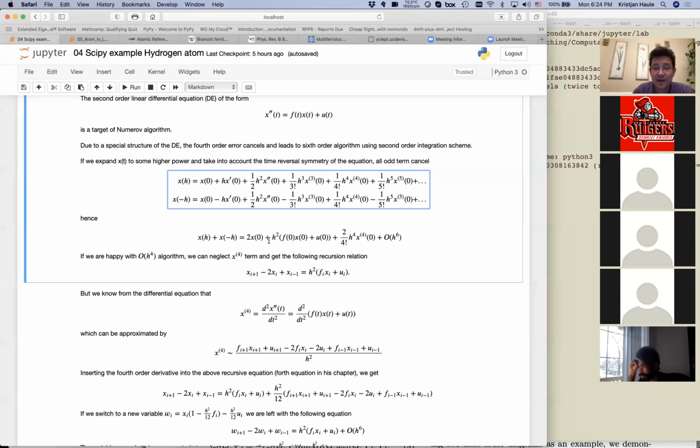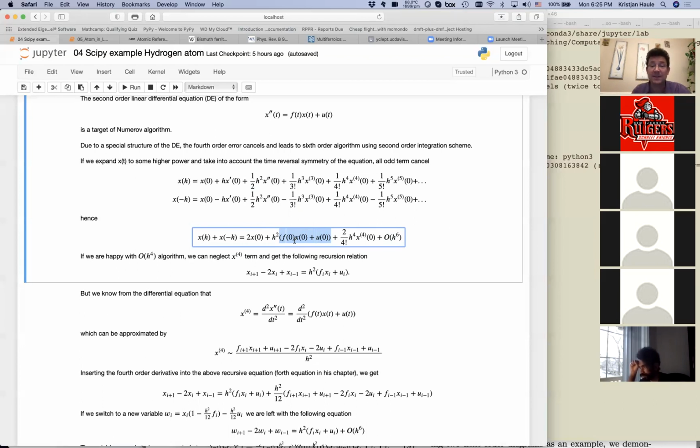So we sum the two together and then we get only h squared times the second derivative at 0 plus 2 divided by 4 factorial h to the 4 times the fourth order derivative plus something that has to do with h to the power of 6, which we neglected here. Now here, what I'm getting is basically the second derivative, x double prime of 0, doesn't it? X double prime of 0.